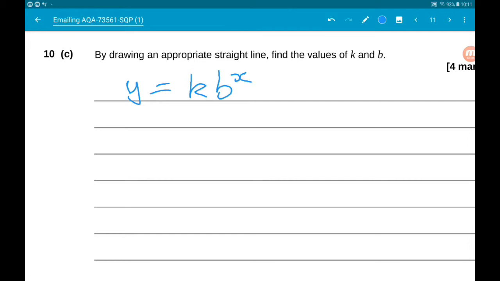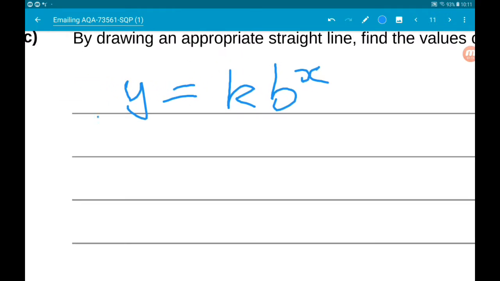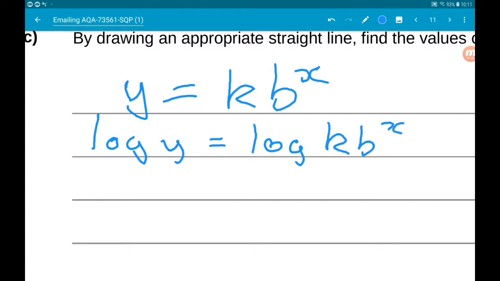First of all, we're going to manipulate the model into log y equals something on the right. So, first of all, take logs. So, log y is equal to log k b to the power of x.